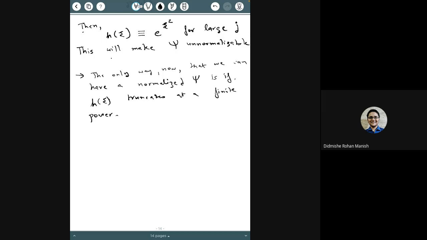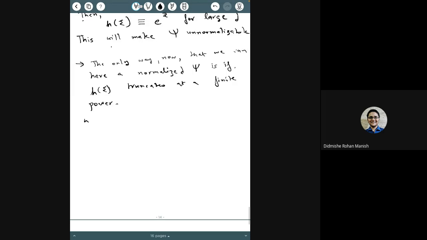Now, when can that happen? Let's look at the recursion relation once more.